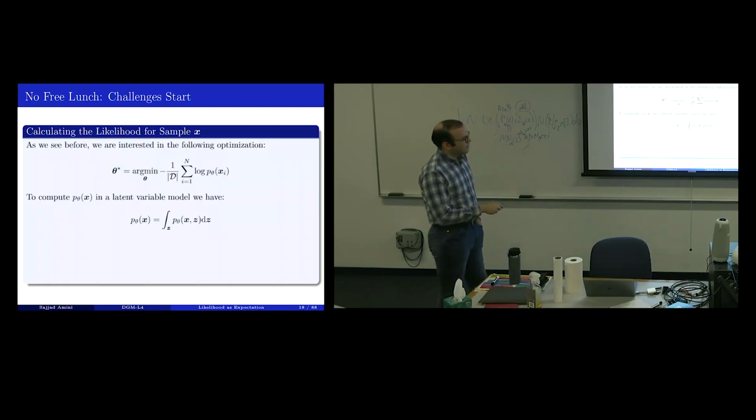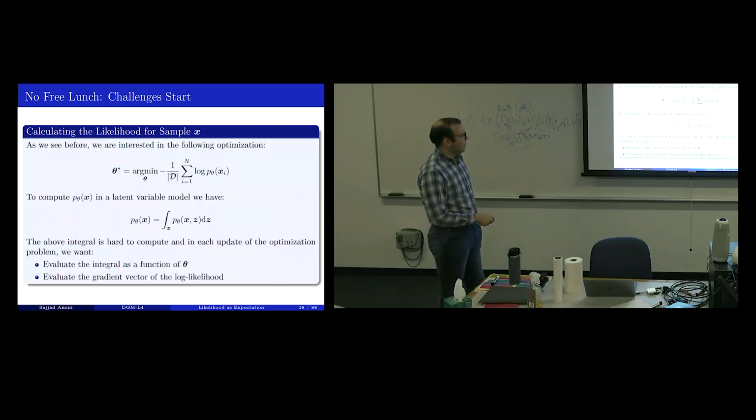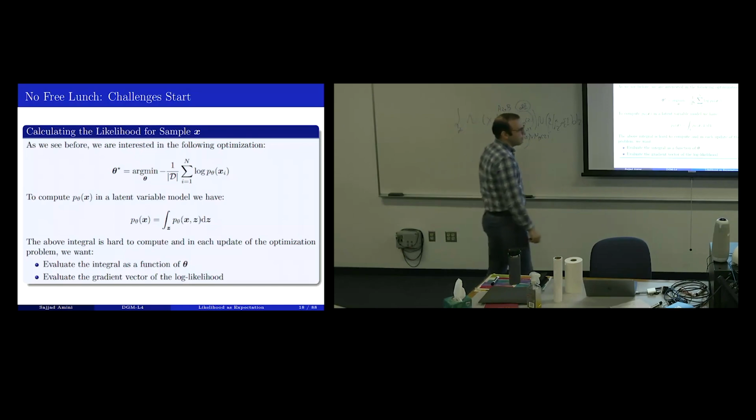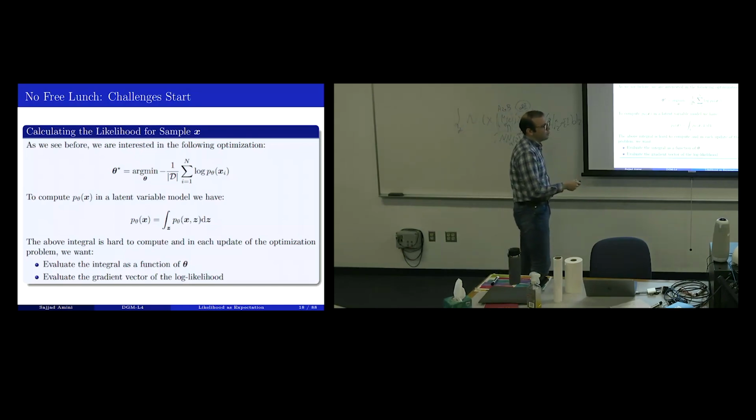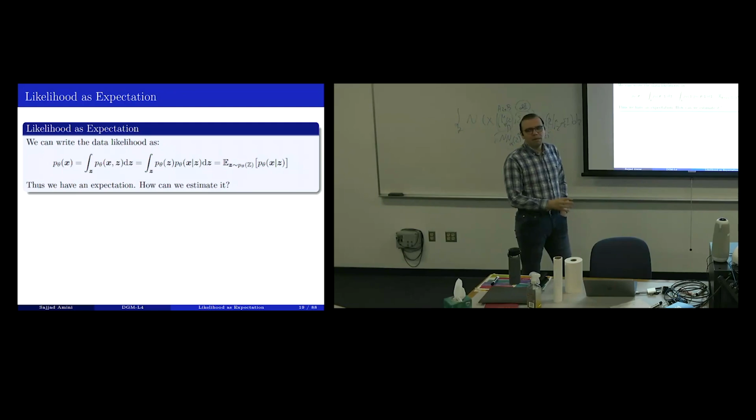But I know that the density is intractable, and if you can calculate it one time, maybe it becomes tractable. But during training, you want to calculate this integral as a function of the parameters several times. So it is not a feasible solution. You should think about some alternative.